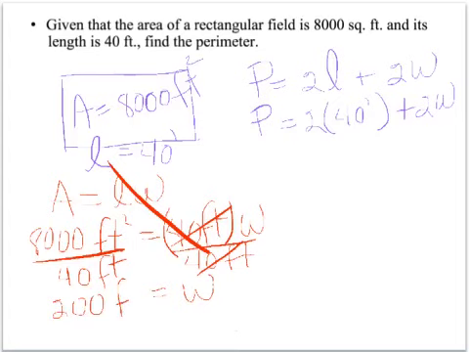Note that the units also work out. For example, we divide feet to the second power by feet to the first power, and our quotient would be feet to the first power, which is a linear measure, which is to be expected for the second dimension of the rectangle.